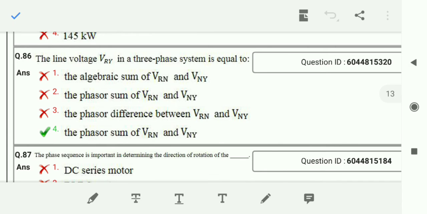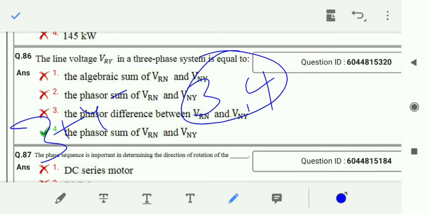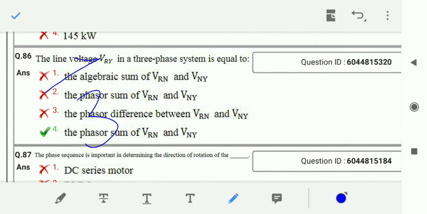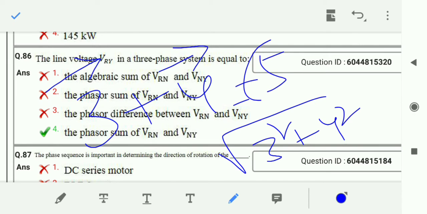What is the difference in a phasor sum? Let me take 3 and 4. If I add 3 and 4 arithmetically, 3 plus 4 is equal to 7. That is the algebraic or arithmetic equation. But in phasor addition, 3 plus 4 is equal to root over 3 square plus 4 square, that is equal to 5, sir.